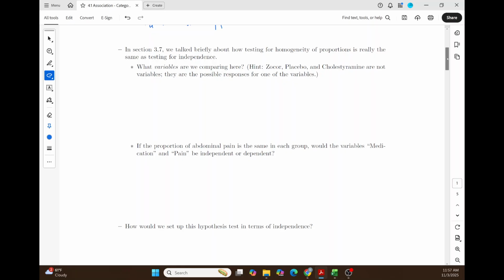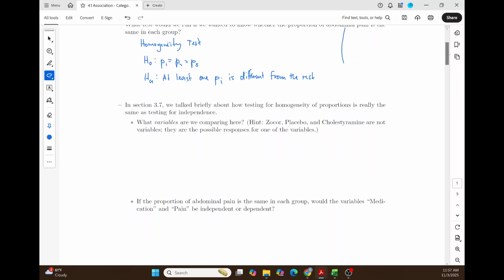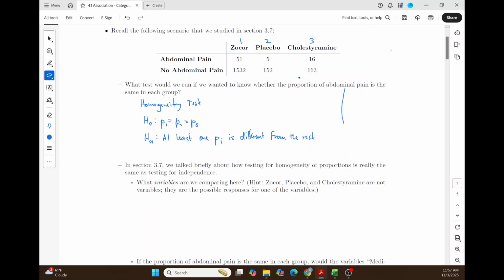So to get our brains around that a little bit more, let's ask ourselves what variables we would be comparing here. A very common mistake is that students might think that the variables we're comparing are Zocor, placebo, and cholestyramine. But that's not true, right? Those categories are just the various responses that are possible for one of the variables. The variable itself would be medication taken.